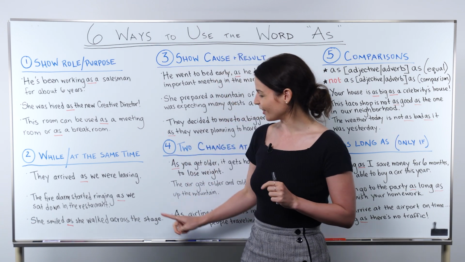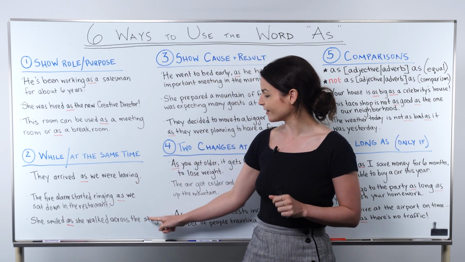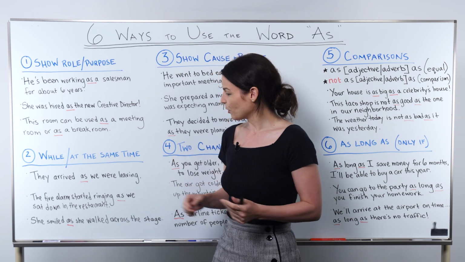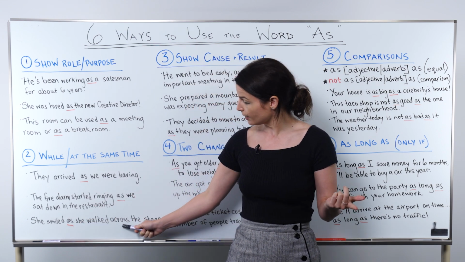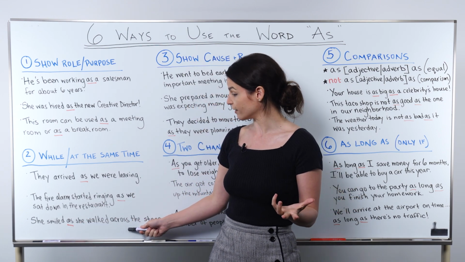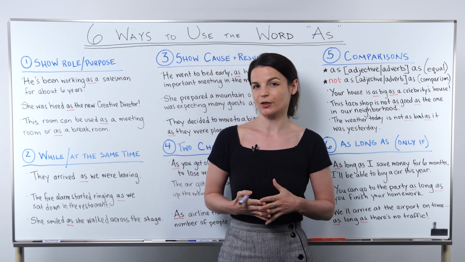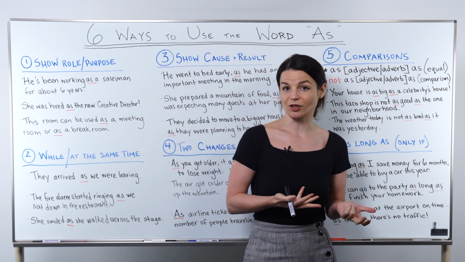Okay, let's look at the last example. She smiled as she walked across the stage. So in this case, we have, again, a simple past tense action. And in the second part, we also have a simple past tense action. So in this sentence, we might hear some people using "while" in place of "as," in "she smiled while she walked across the stage."